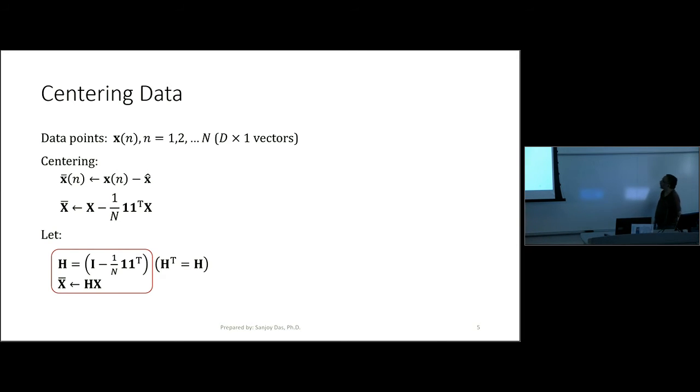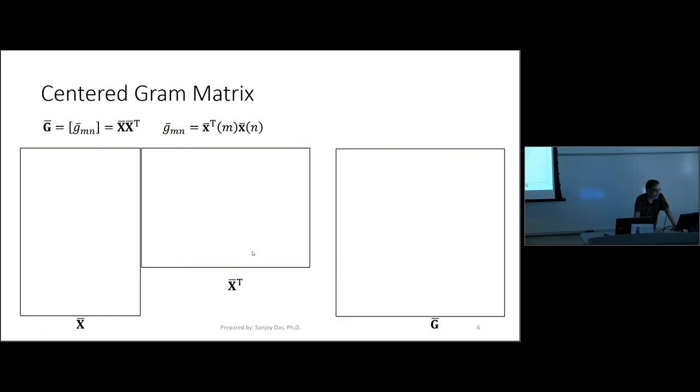H transpose is equal to H. If you take the transpose of this, what's the transpose of the identity matrix? Itself, right? I. The transpose of 1 1 transpose is 1 1 transpose. So H transpose is H.